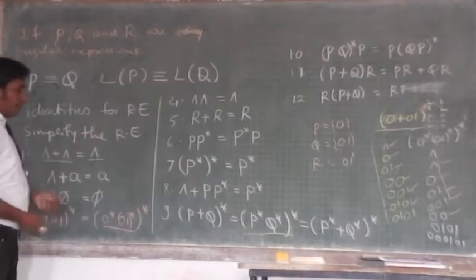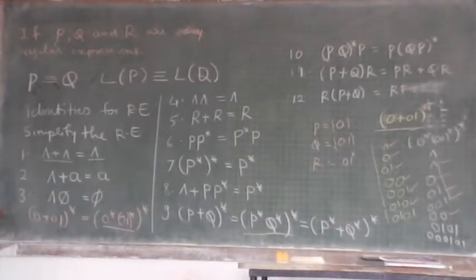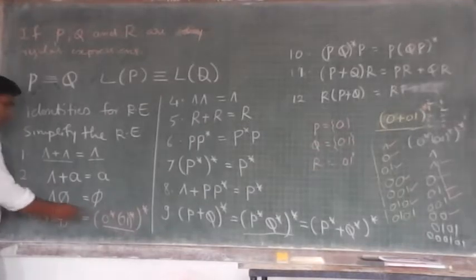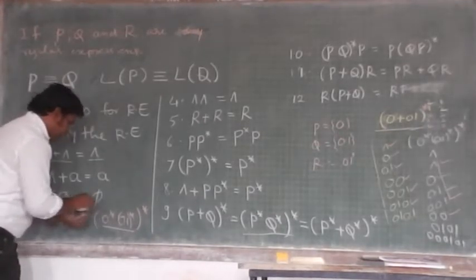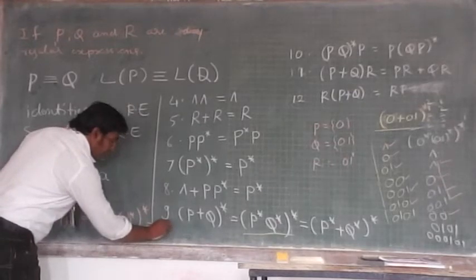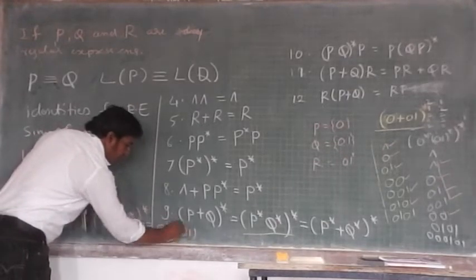And P star plus Q star whole star is again equivalent to 0 star plus 0 1 whole star.